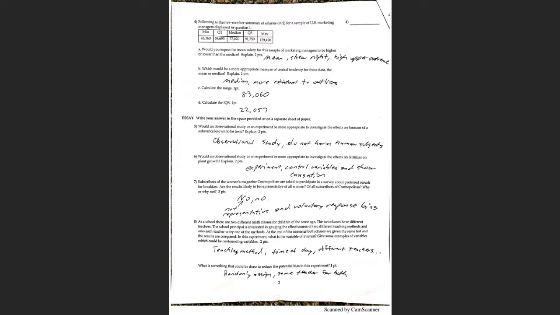Okay. Looks like 5, which is more appropriate. If you're going to experiment on humans, that could hurt them. You might want to use observational studies and not purposely hurt people with experiments. If you want better results, like on fertilizer and plant growth, we can do experiments. Is this representative? No, because that's a voluntary response bias.